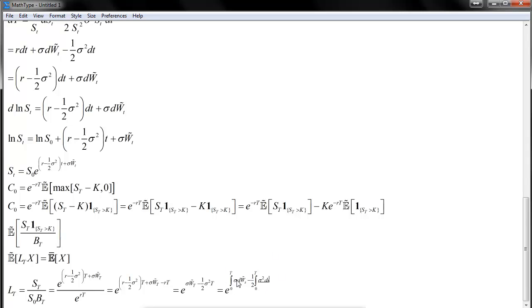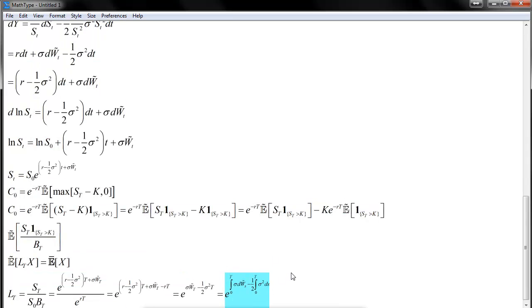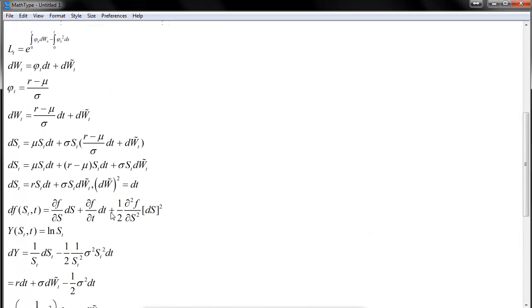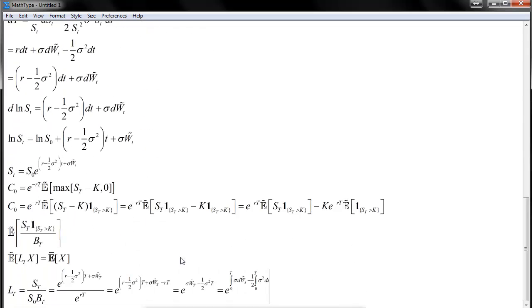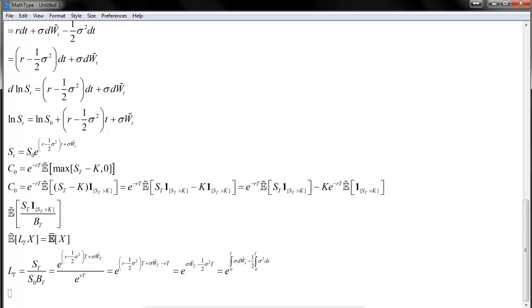Okay, so take a look at this term and compare it with the definition of the Radon-Nikodym derivative. Well, I actually got it. So this kernel, the Girsanov kernel, is equal to sigma.